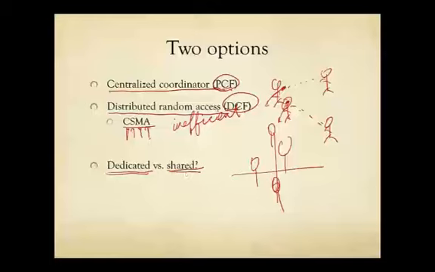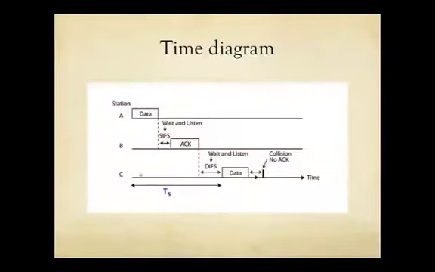This is dedicated: you got the time slot, even if you have nothing to say. This is a shared medium. There's no right or wrong answer about which is better, but it depends on the situation, the kind of efficiency you want, and the kind of coordination method you can afford.